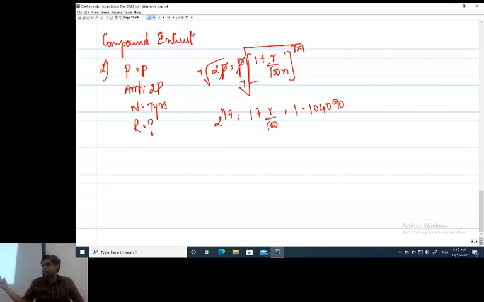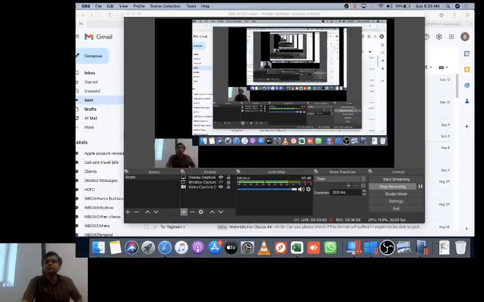This is given. So R by 100 will be 0.104090. They have given this in your problem. If it is not given, this is how you find it. So when you multiply, R will be 10.409%.